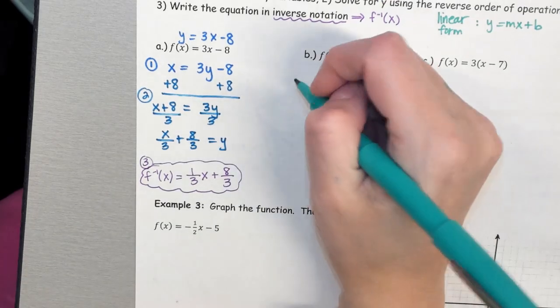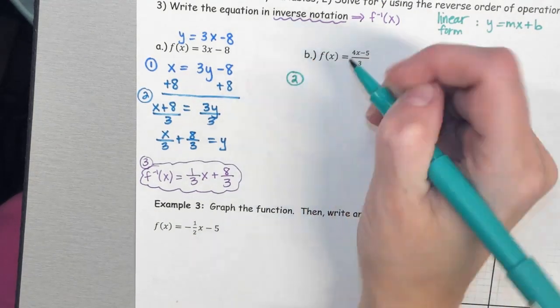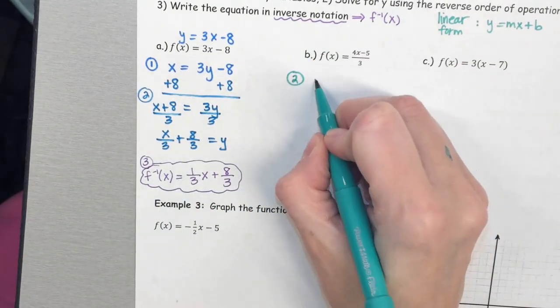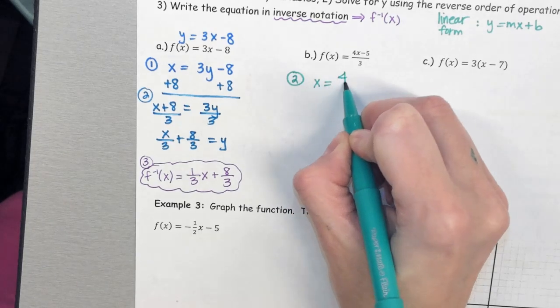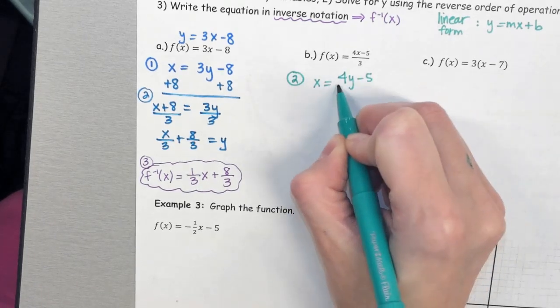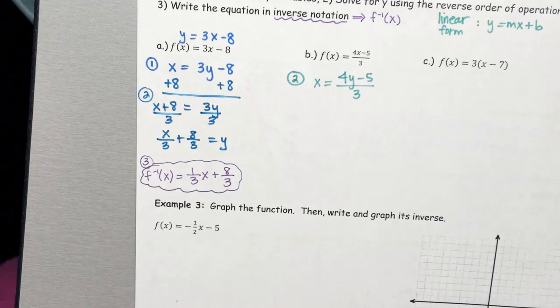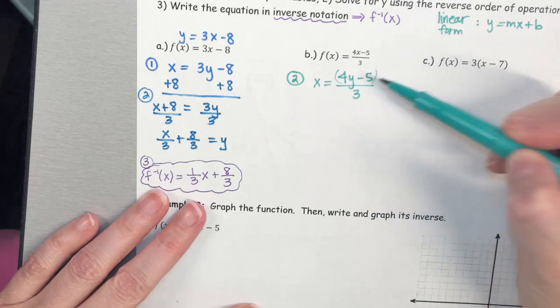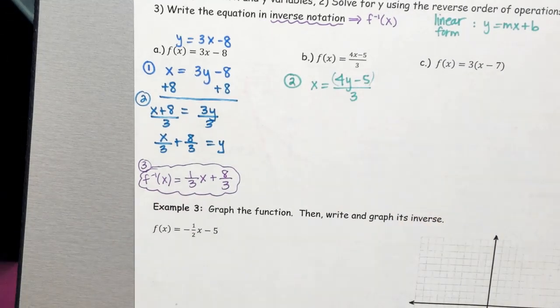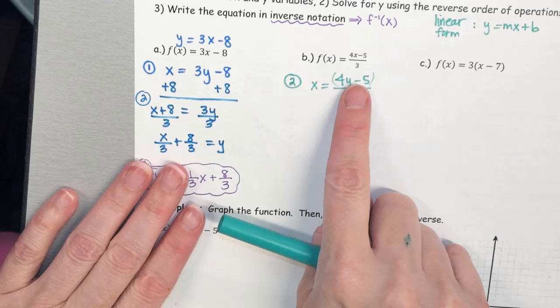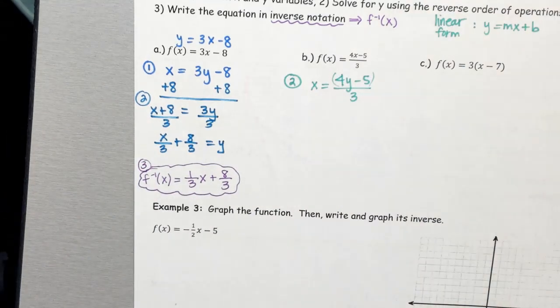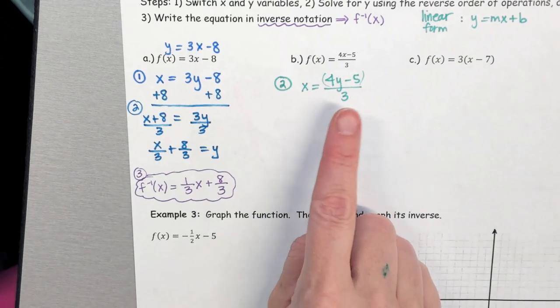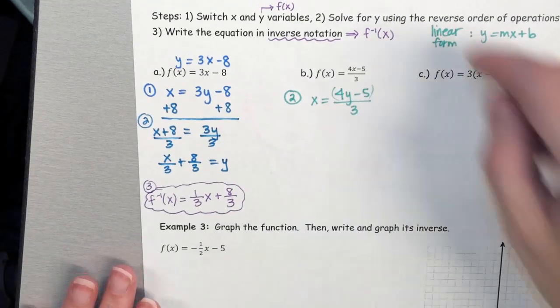All right, and then for 2, we're going to start the same way. So every single time, you can just start by doing x equals, and then you're replacing x with the y. Okay, now remember, whenever you have a fraction, there really is this understood grouping symbol here, right? These stay together. So the parentheses are what we deal with last. The first thing we're going to have to move over is that 3. So how do we do that?